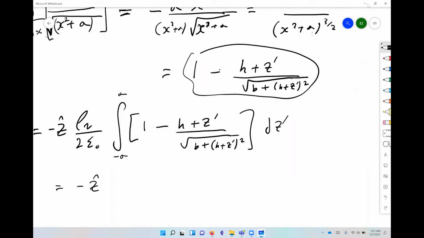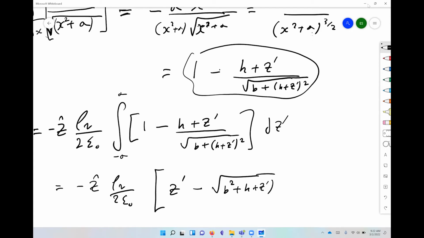So this is minus Z prime rho V over 2 epsilon naught. What is this integral? Z prime simply minus B squared plus H plus Z prime squared. That's it, right? If you differentiate Z prime, you get 1.